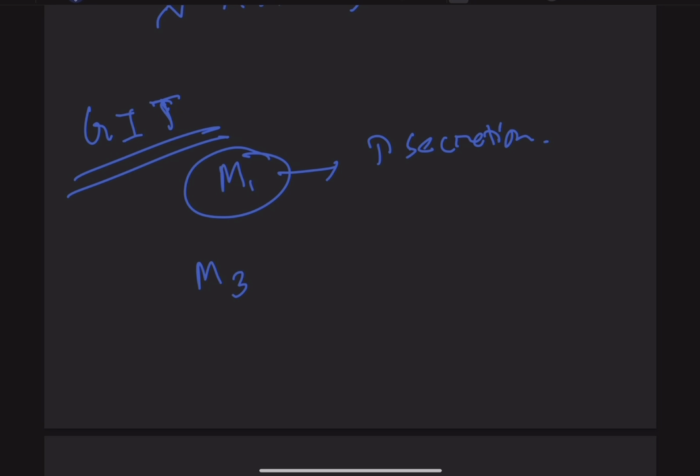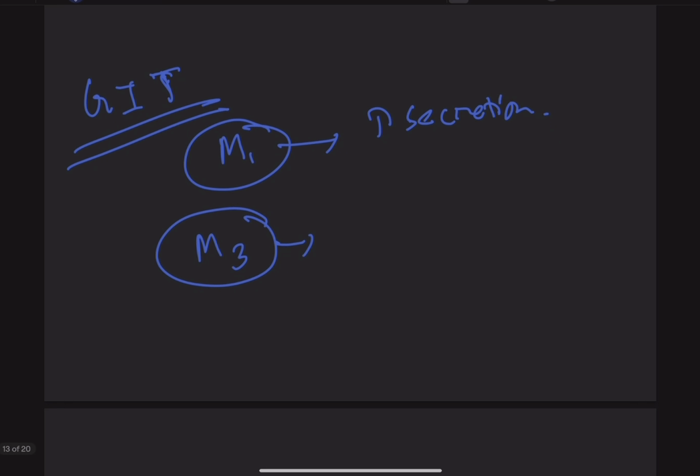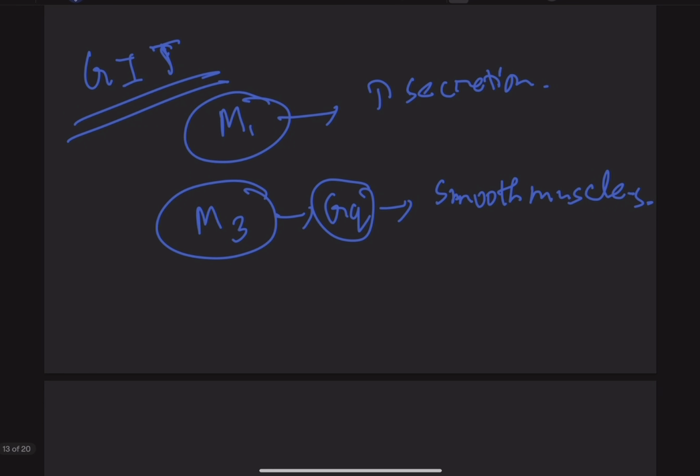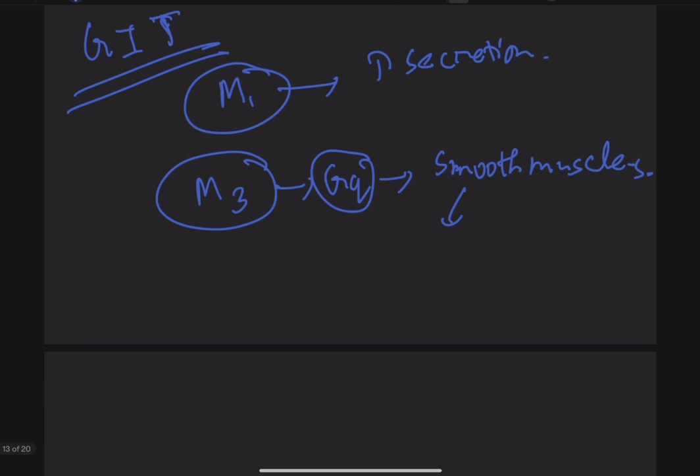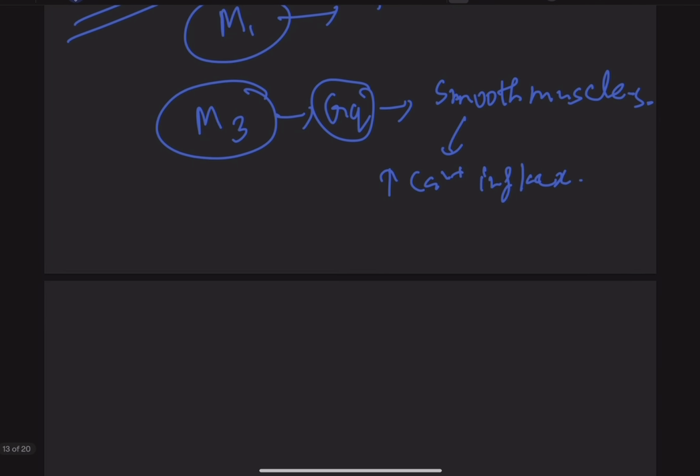Then we have the M3 receptor, which is a Gq type of receptor, in the smooth muscles. In the smooth muscle, this receptor increases the calcium influx, and that leads to contraction of the smooth muscle.